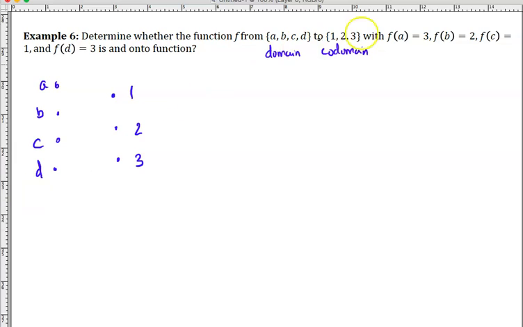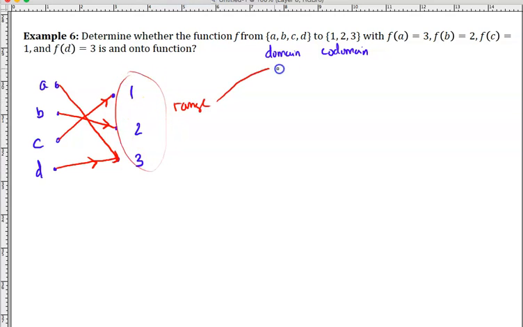A goes to the image 3, B goes to 2, C goes to 1, and D goes to 3. Because all the values in my codomain are images, the codomain is also the range. Because they're equal to each other, this is an onto function.